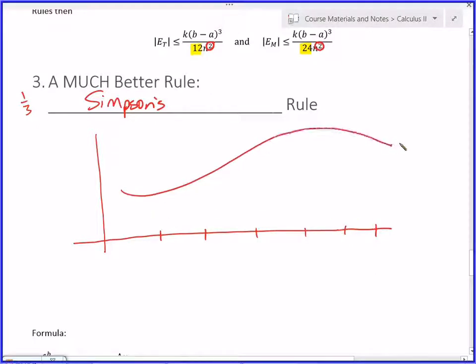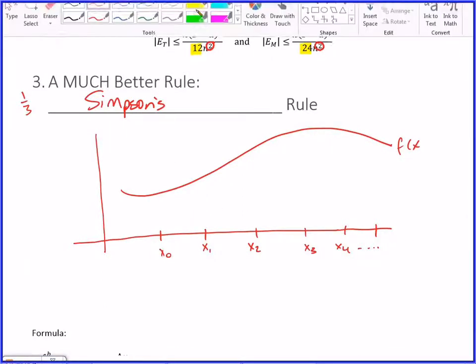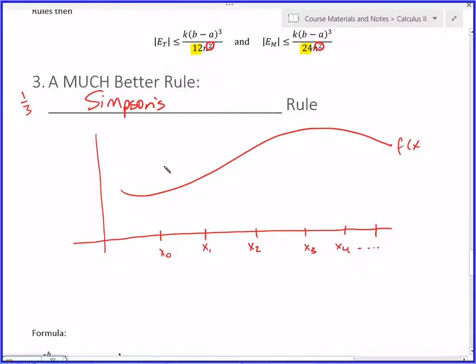You've got a function, f of x. This is your x0, x1, x2, maybe this is x3, x4, dot, dot, dot. So here's what we do with Simpson's rule. We don't form a polygon like a trapezoid or a rectangle. We form a parabola.